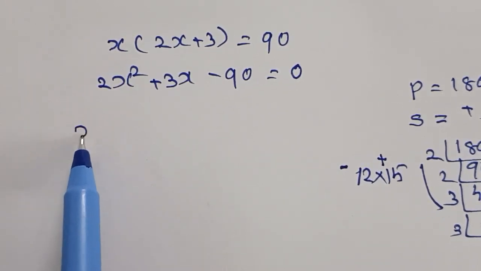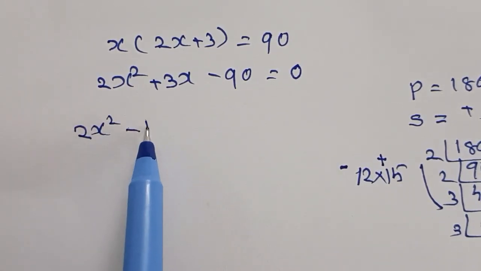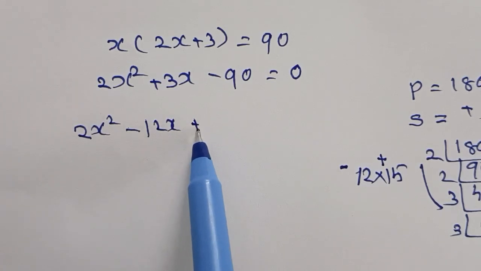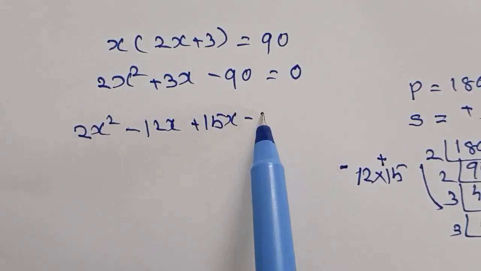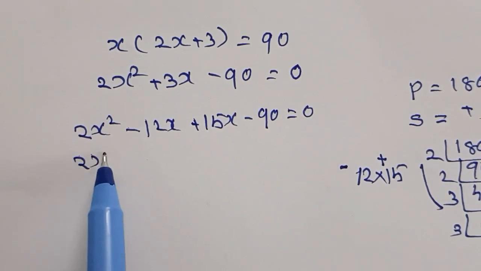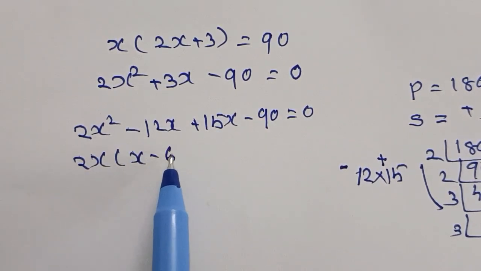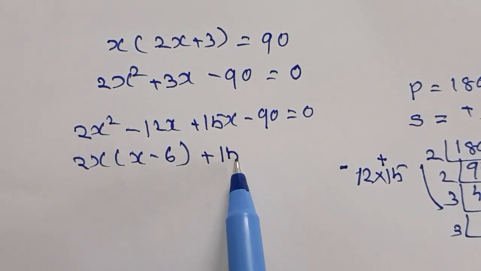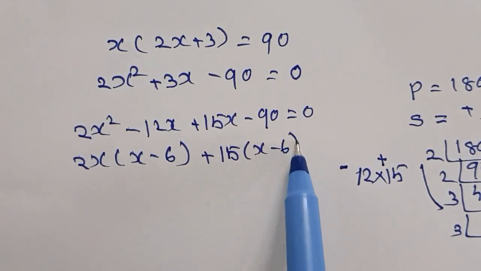So by splitting the middle term, we get 2x square minus 12x plus 15x minus 90 equal to 0. Taking common factor 2x outside, 2x into x minus 6 plus 15 into x minus 6 equal to 0.